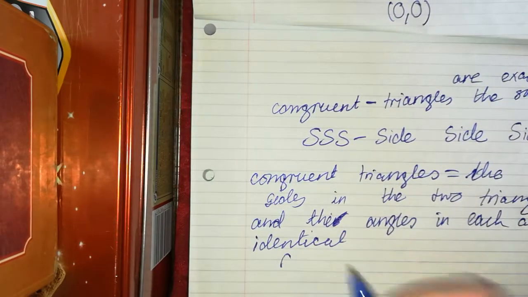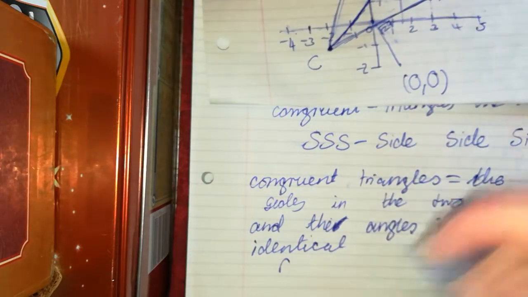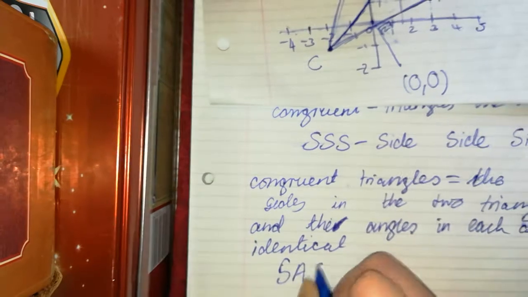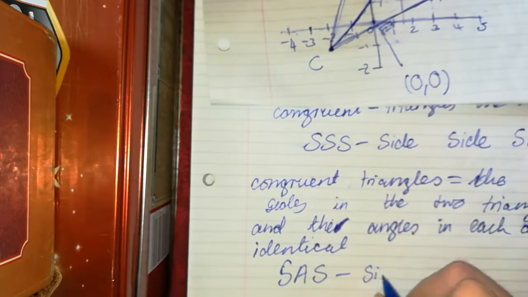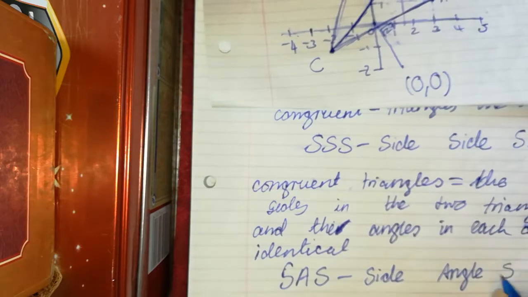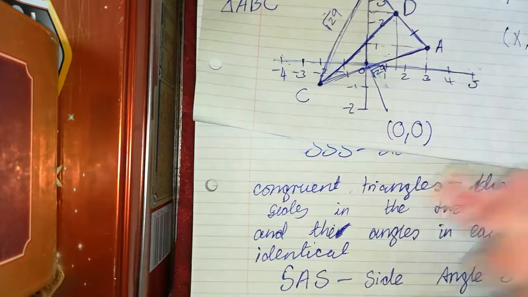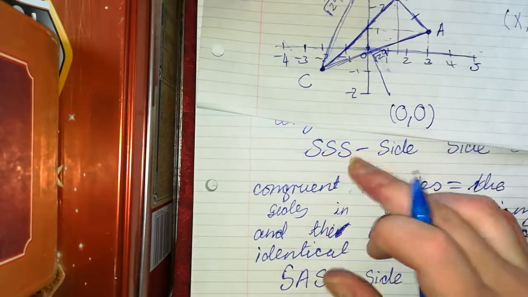If they're congruent, I want to show that they're exactly the same triangles. So SSS gives me side, side, side, and they're also giving me another option, SAS. This means side, angle, side. If I can prove that two sides are the same and then the angle in between those sides, then I can show that they're also congruent. So I think I'm going to be able to use the first one, side, side, side.